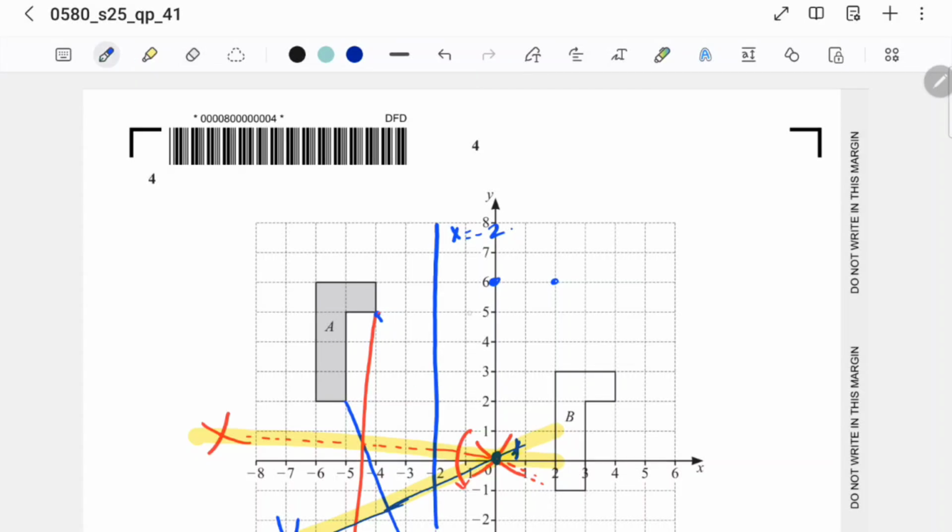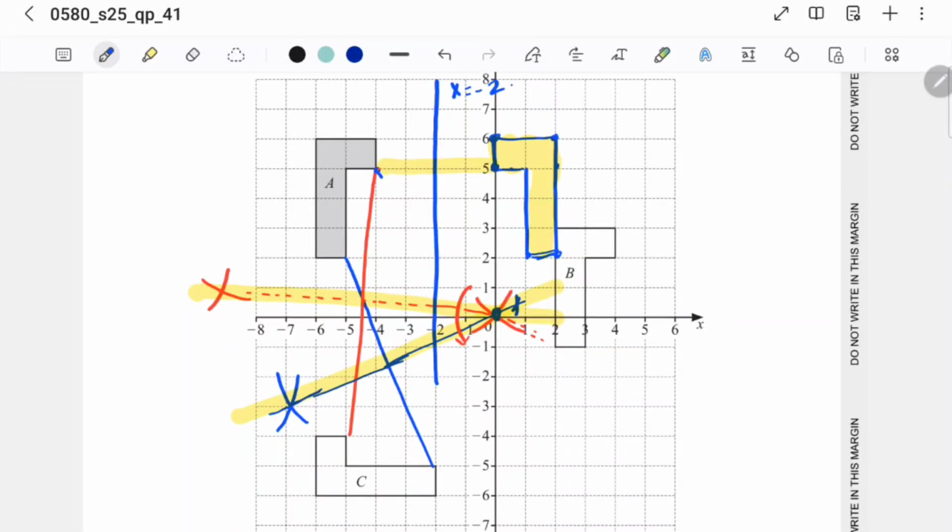The next one is coming here, and obviously the other one is here, and you can see the same number of points if you count. Then this is your image after reflection in x equals minus 2. This is your image for the last part of this question.